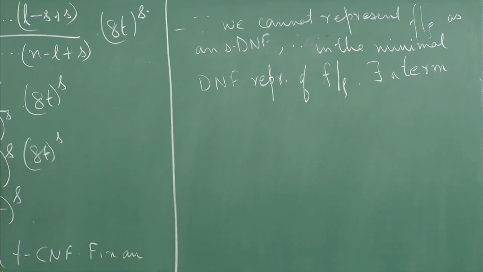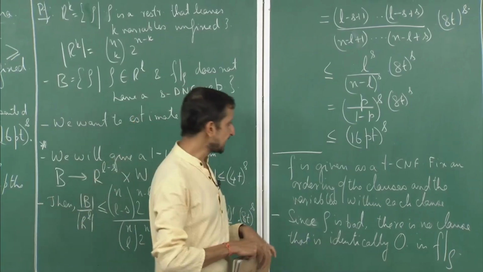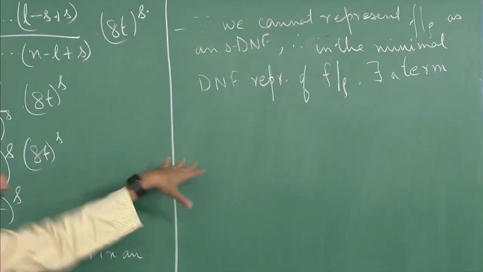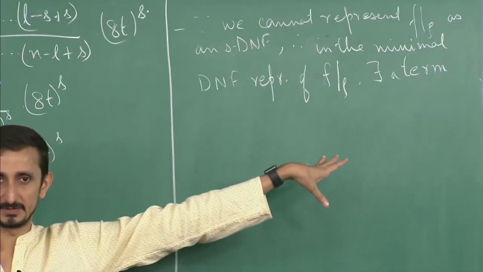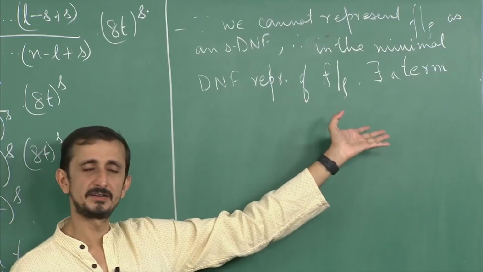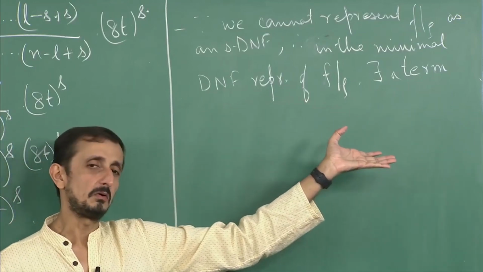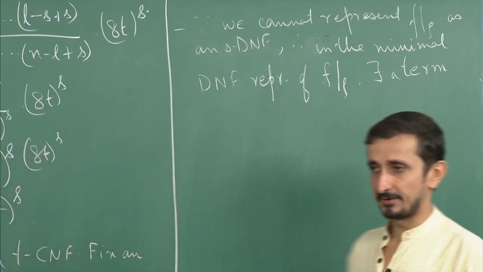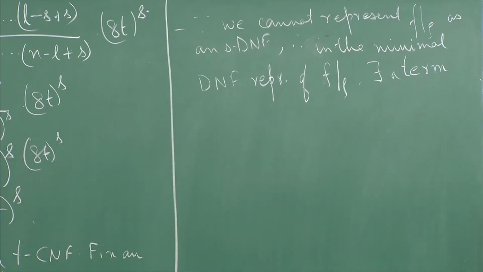So now look at f restricted to rho. By our choice of rho, we know that f restricted to rho does not have an S DNF representation. So if I look at a minimal DNF representation, what can we say about the terms in that representation? Can all the terms be bounded by size S?